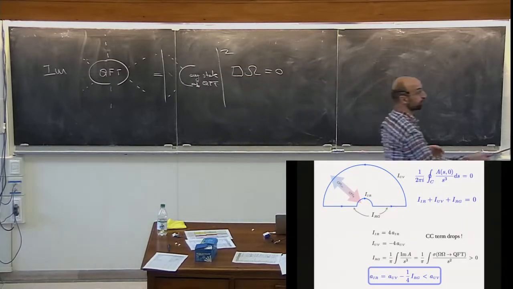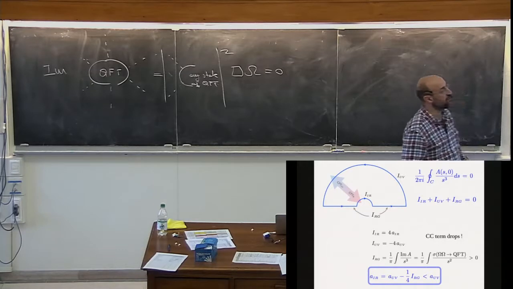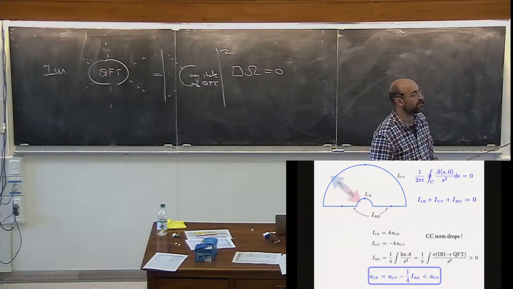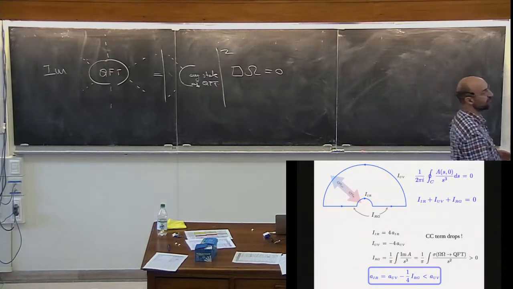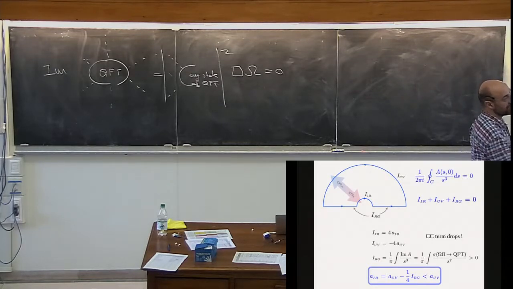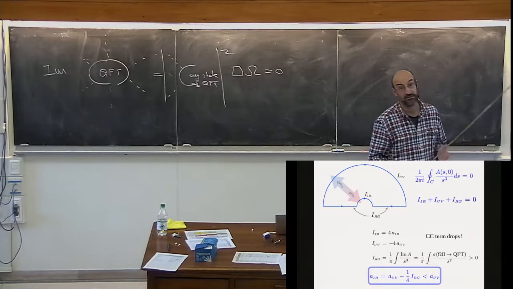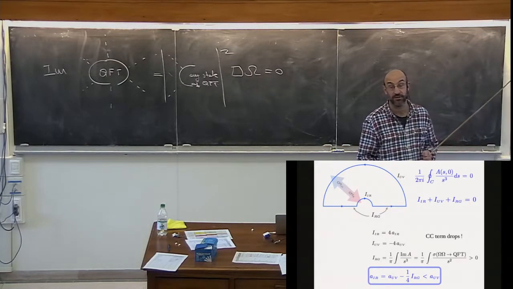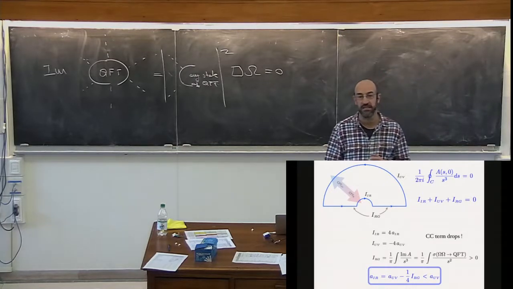And notice that the units are not totally okay, because this is dimensionless, and this is energy, and this is not what a cross section would be. But it's simply because I took the coupling constant of the dilaton equal to 1.